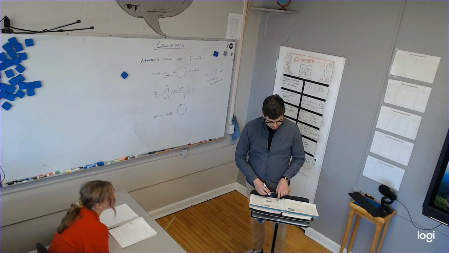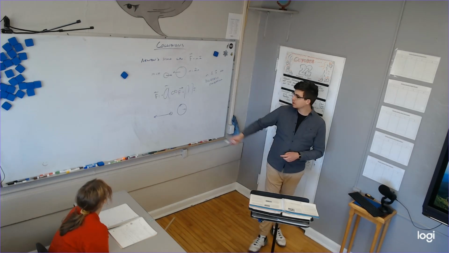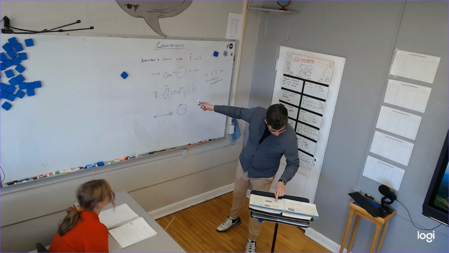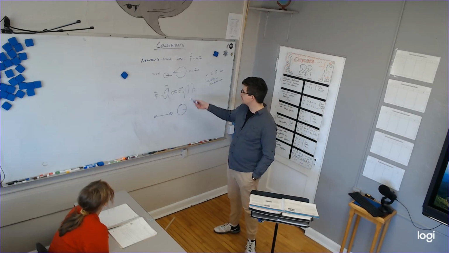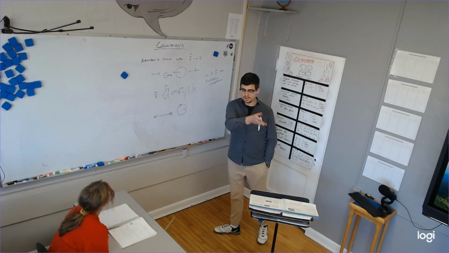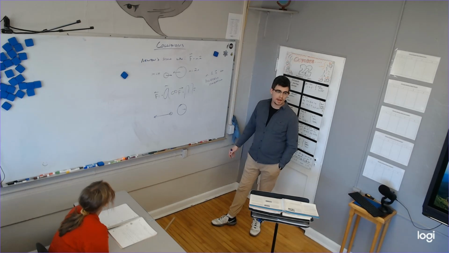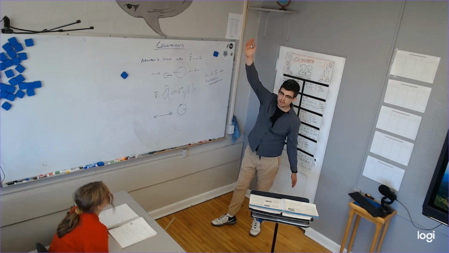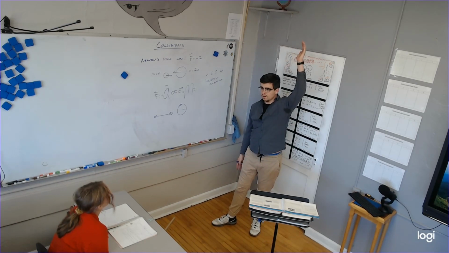How will that relationship affect a collision between two objects with different masses? There will be different accelerations. Exactly. There'll be different accelerations, and the accelerations will be inversely proportional to the mass. Bigger mass, lower acceleration. Smaller mass, higher acceleration.